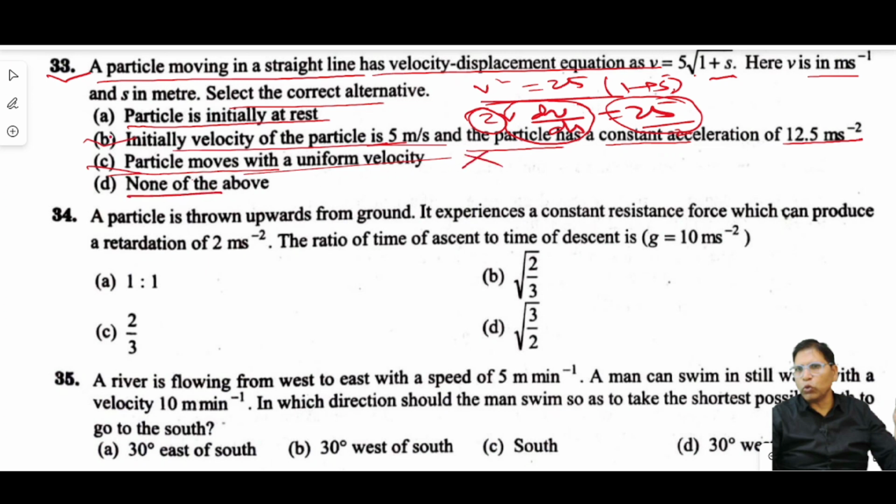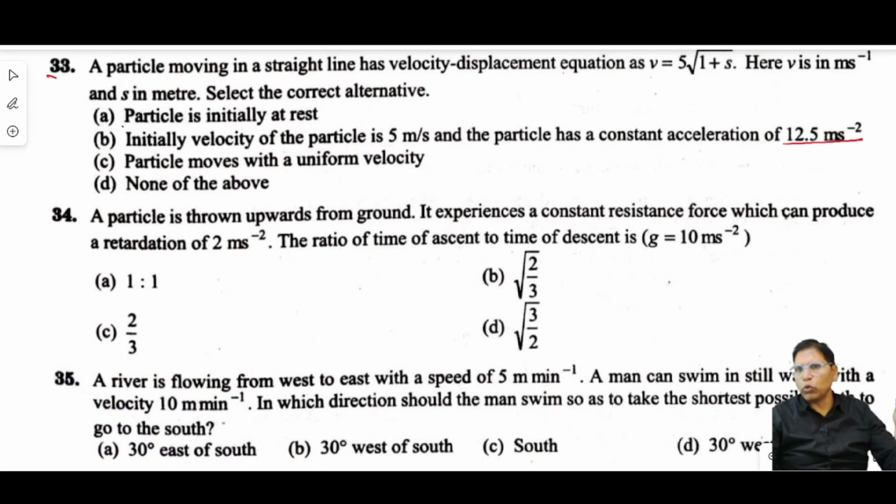So here option B: the particle is initially at rest. Initially means s equals 0. When s equals 0, velocity v equals 5. So this option is incorrect. The initial velocity of the particle is 5 meter per second, correct. And the particle acceleration is 12.5 meter per second square. From this condition we can calculate acceleration.